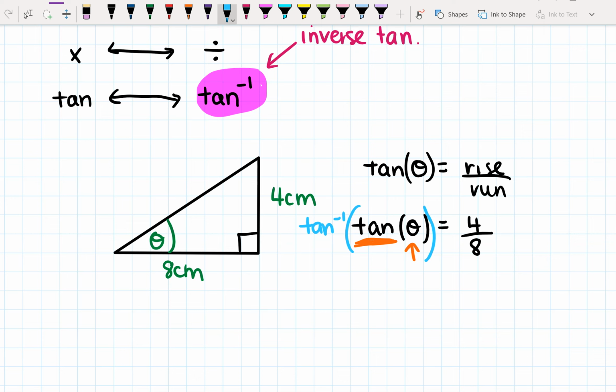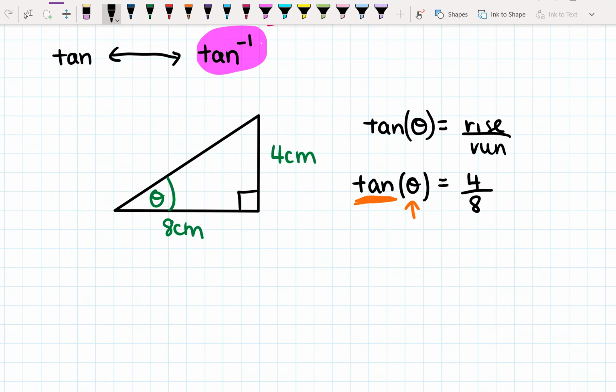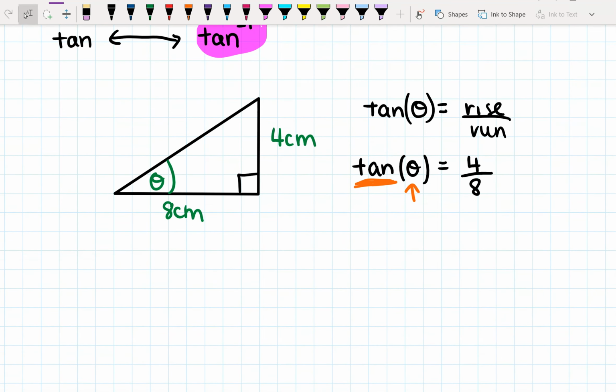Now, as usual, if you do something to one side, you have to do it to the other side. I'm going to move the 4/8 over a little bit because I don't really have space here. Actually, maybe we'll just write it on the next line. It's probably easier. Normally I wouldn't write this line that we're about to write, so we never write this, but this is more for you guys to see how it works here.